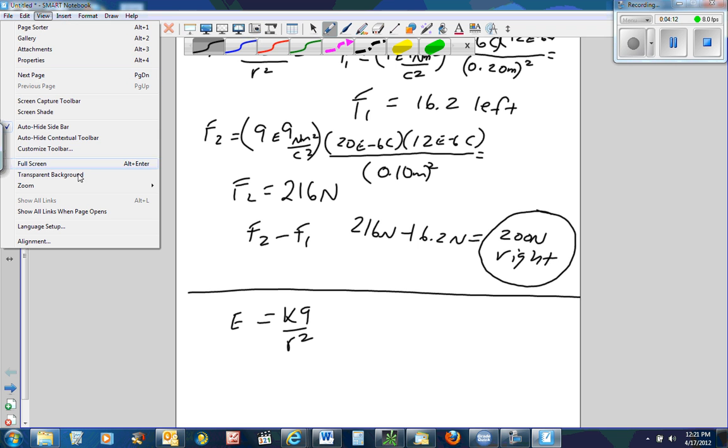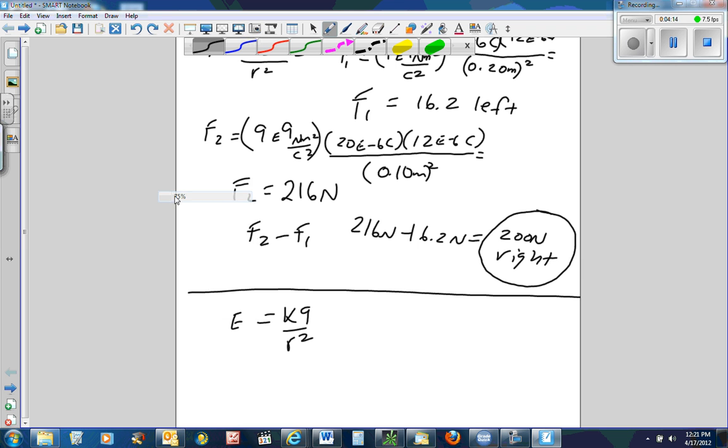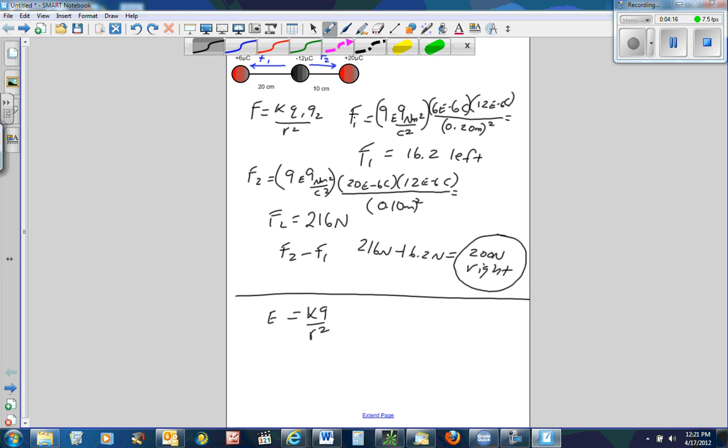View, zoom, let's do 75. There we go. So let me erase these F's here since we don't need them now. Let's say we're talking about a point right here.